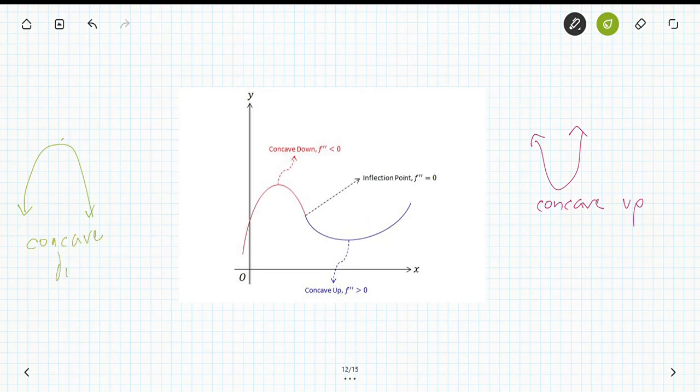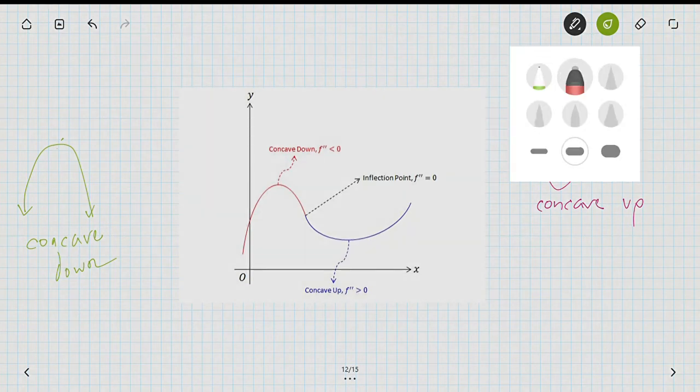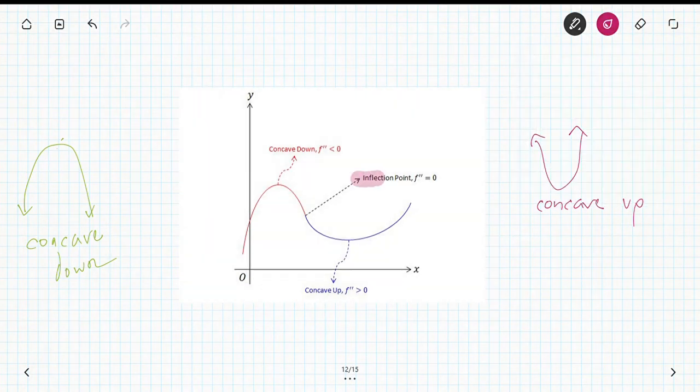I know it's on the picture, but I just wanted to draw that. And so there's a special point in this graph where the function switches from concaving down to concaving up. That special point is going to be my inflection point, which I'm going to highlight because it's a new concept that we're learning.